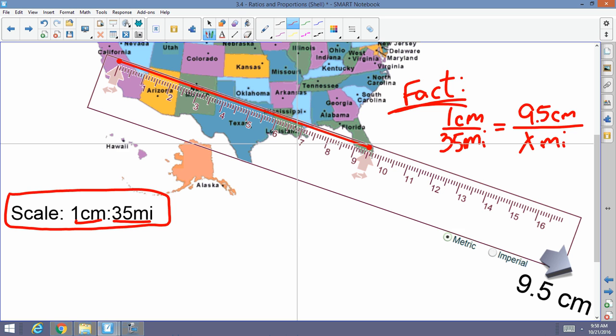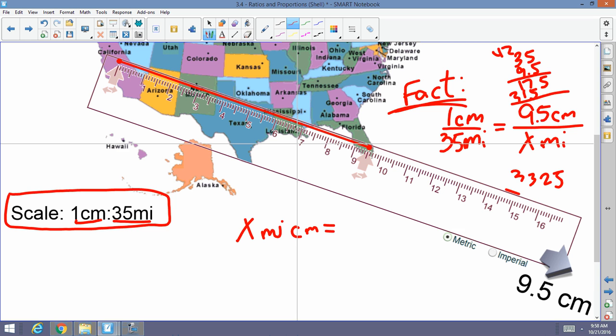So when I cross multiply, I got X miles equals 35 times 9.5, which is 3,325.